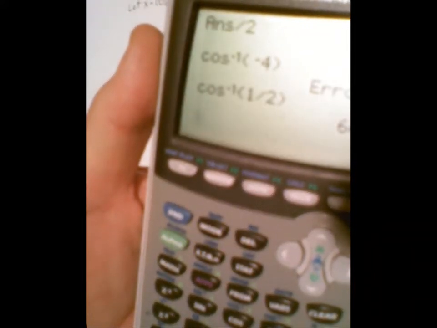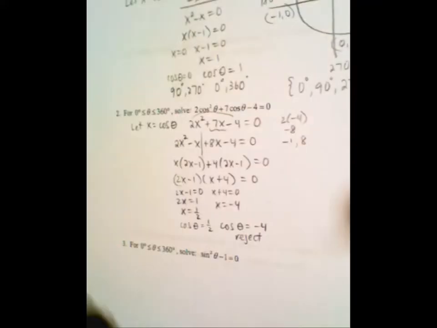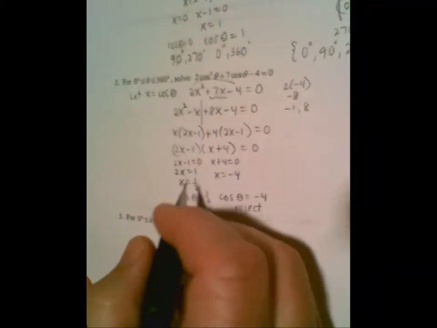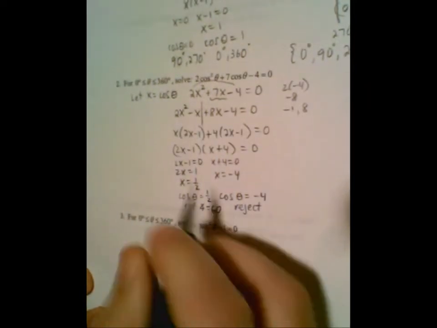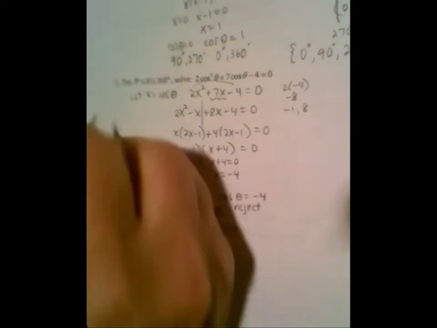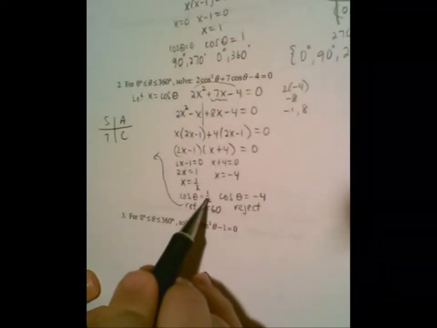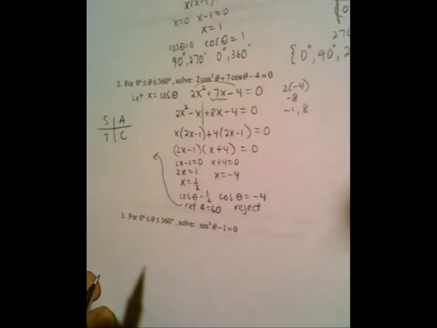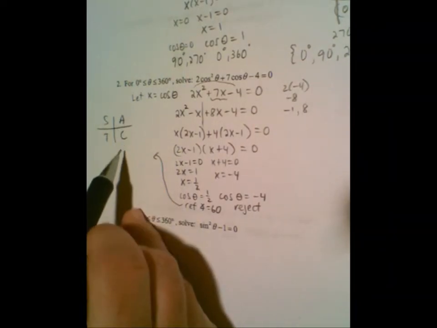So anyway, the cosine of 60 is 1/2. So the reference angle is 60 degrees. Then we're going to go this way. Where is cosine positive? Cosine's positive in quadrant 1, where they're all positive, and quadrant 4.